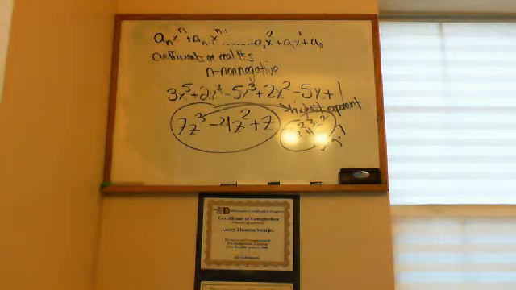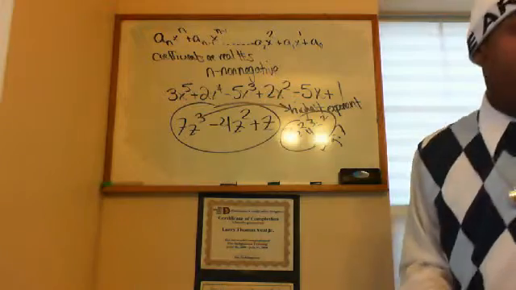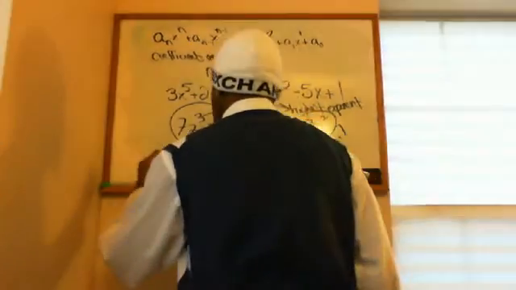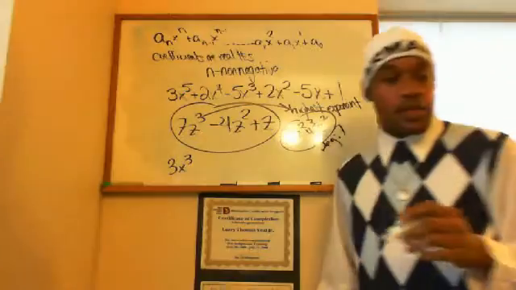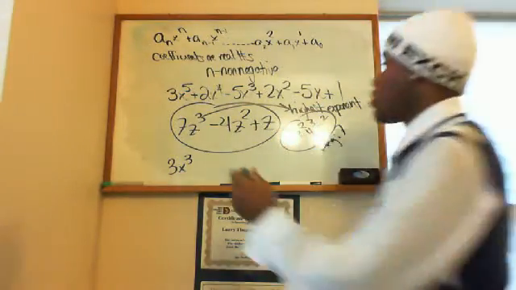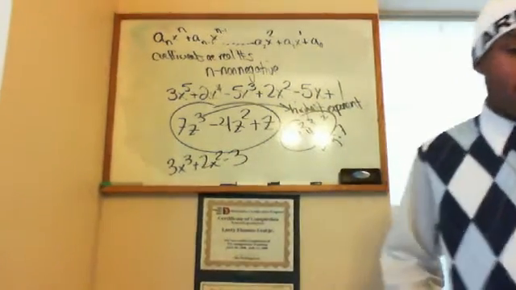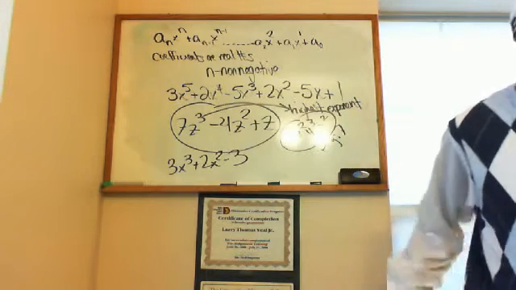What about this? State the degree and leading coefficient of 3x cubed plus 2x squared minus 3. What's the LC, as I like to call the leading coefficient, and what's the degree?